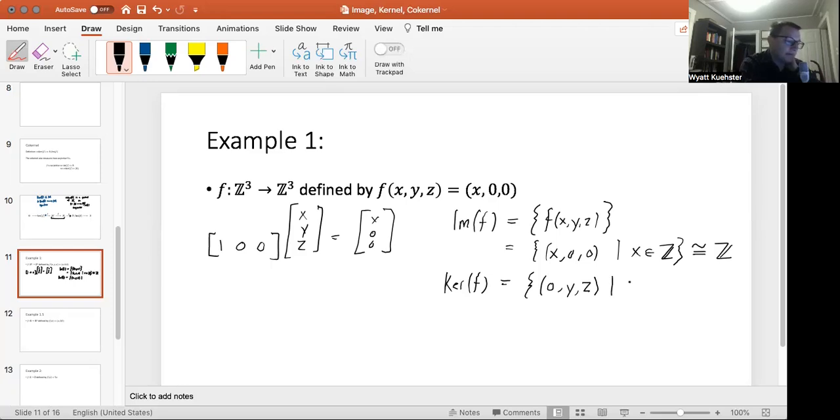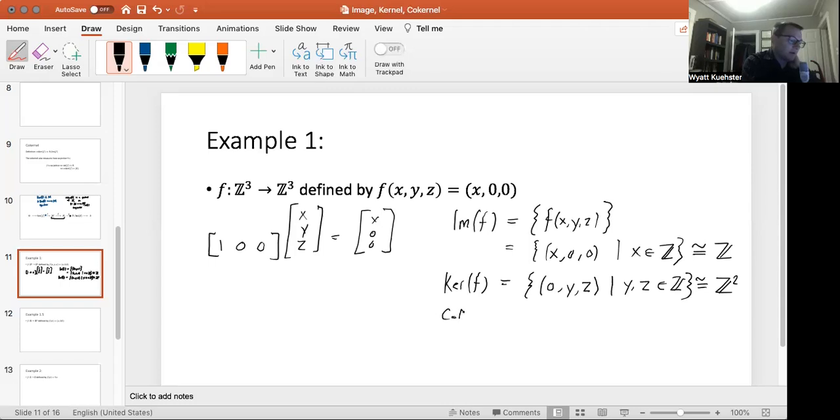So this is basically isomorphic to Z^2 because I have 2 slots that are filled by elements from Z. That means the map is definitely not injective because the kernel is non-zero. So the kernel is 2-dimensional.